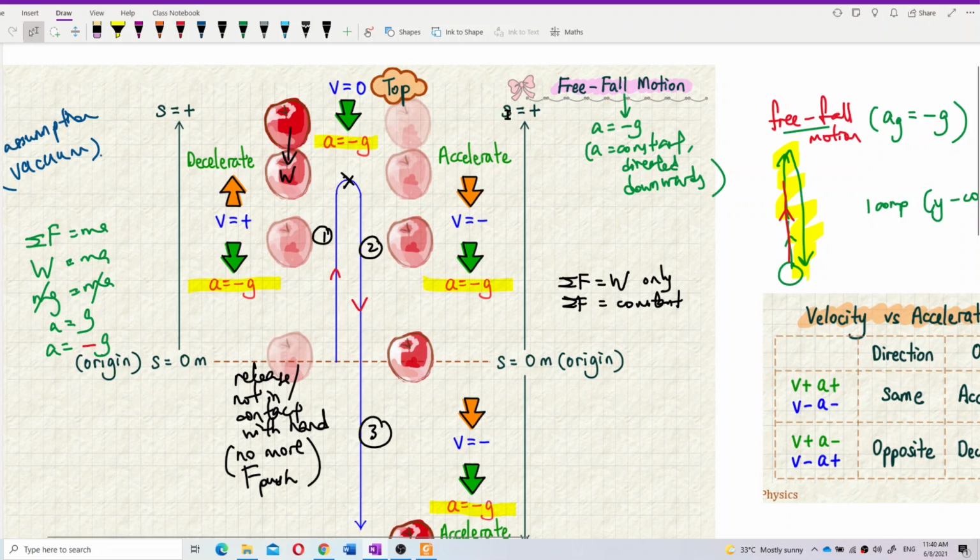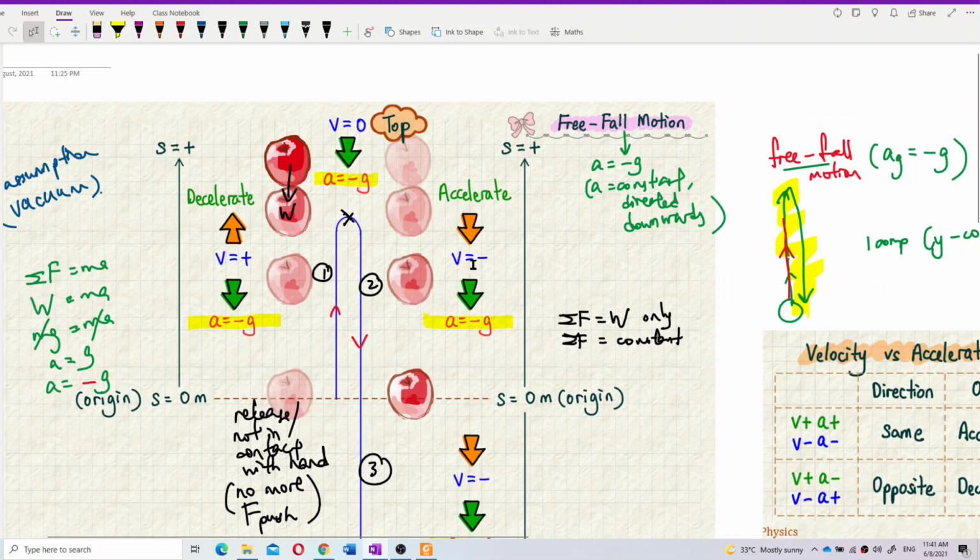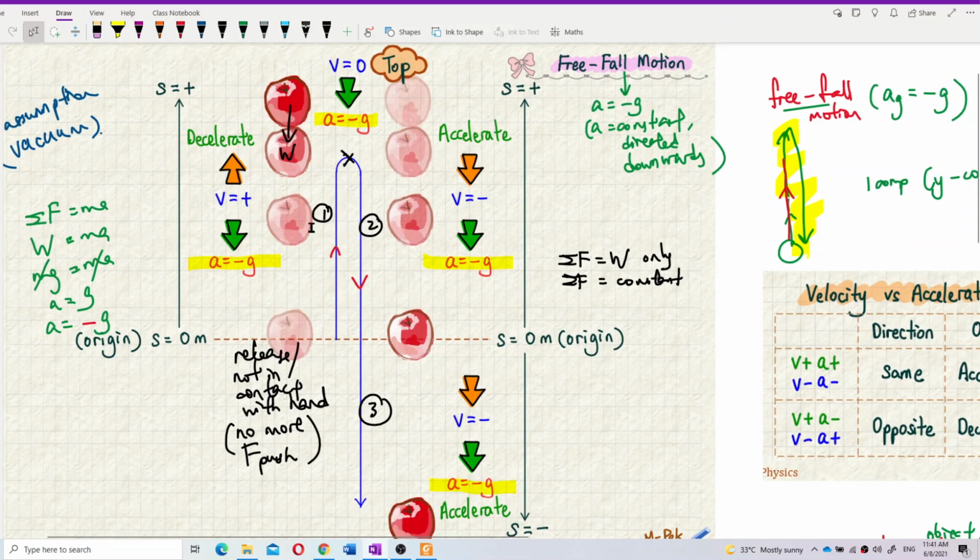So displacement is still positive, but velocity, because it is going down, is negative. Acceleration follows the resultant force. The resultant force is downwards, so acceleration is negative. In all these positions, the resultant force is downwards because of the weight, equal to the weight only.